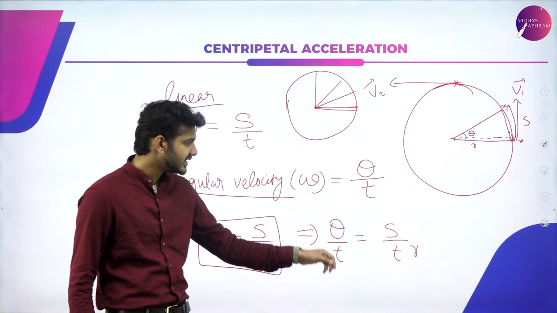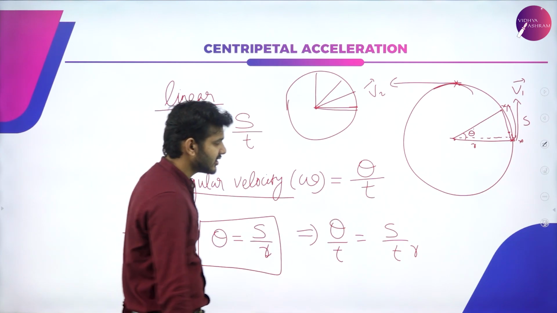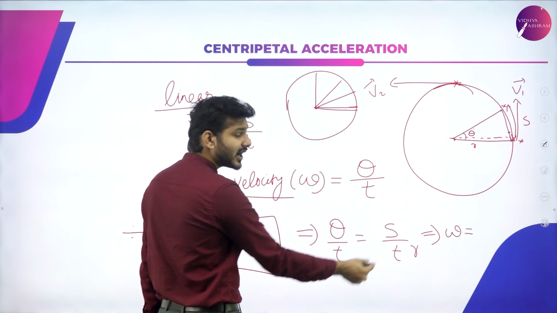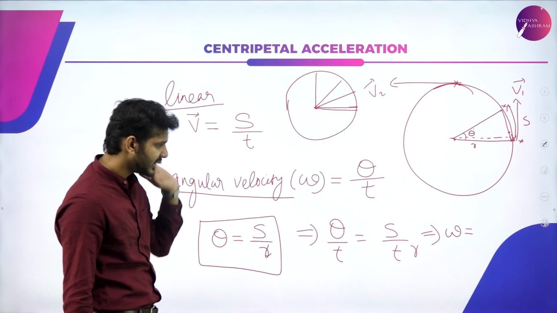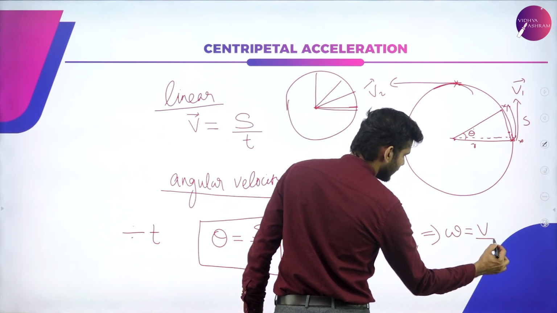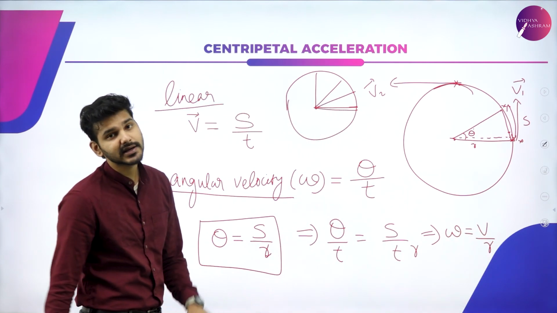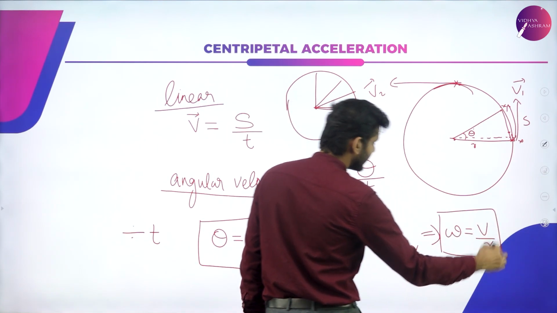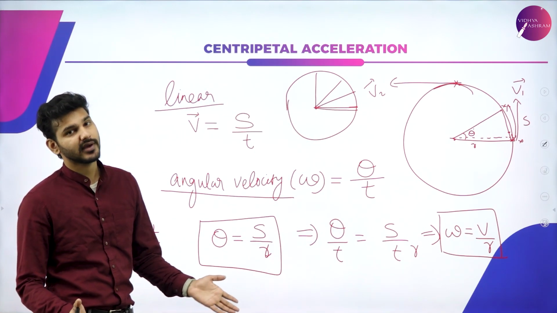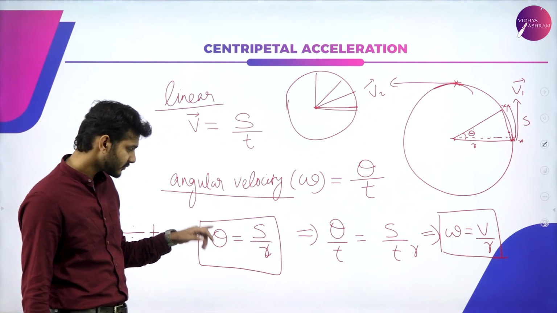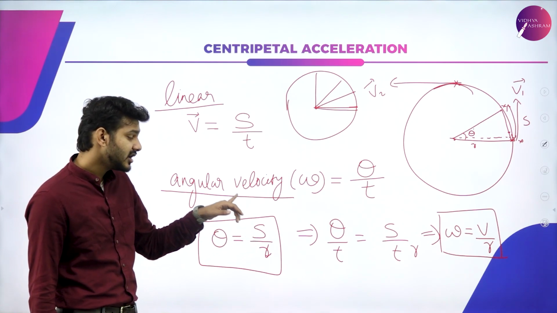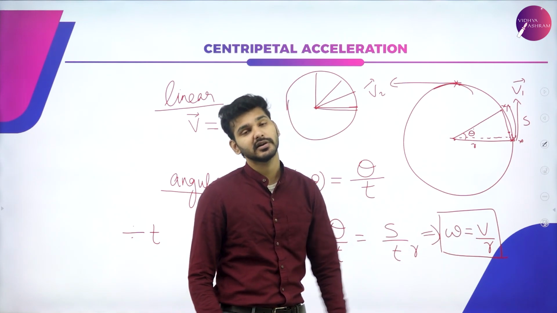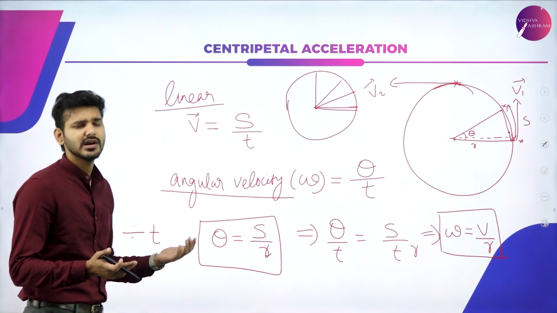We already know that theta by t is nothing but angular velocity, which is equal to S by t, that is displacement by time, which is nothing but linear velocity, by radius. So angular velocity and linear velocity are related through omega times r is equal to v. That is one more relation you have to remember: angular displacement is equal to linear displacement by radius, and angular velocity is equal to linear velocity divided by radius. Those are two relations you can quickly remember.